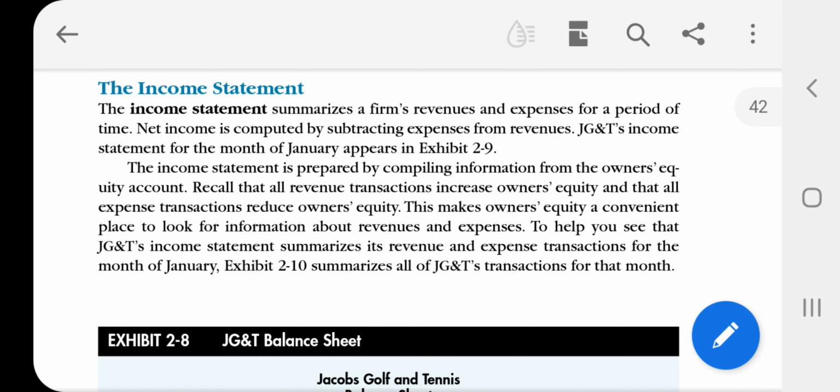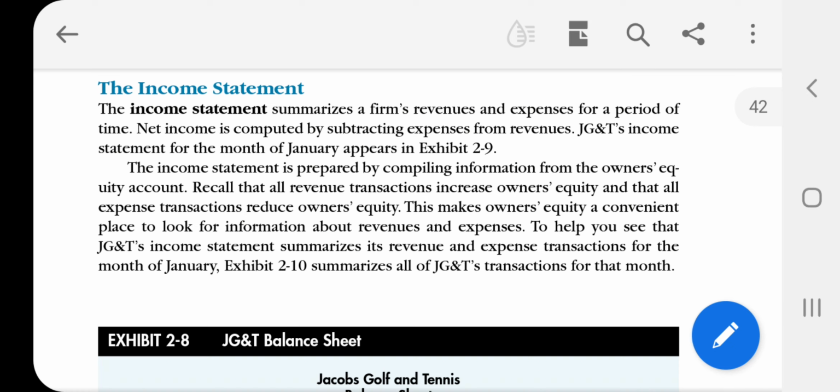Net income is computed by subtracting expenses from revenues. G and T's income statement for the month of January appears in Exhibit 2.9.